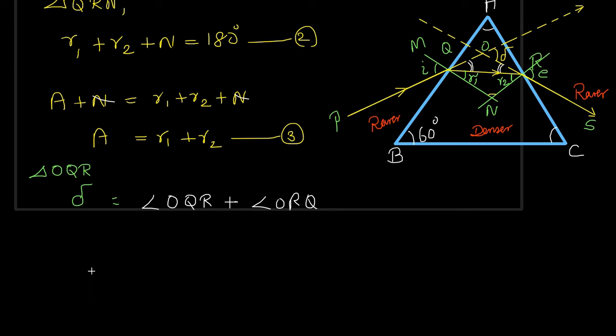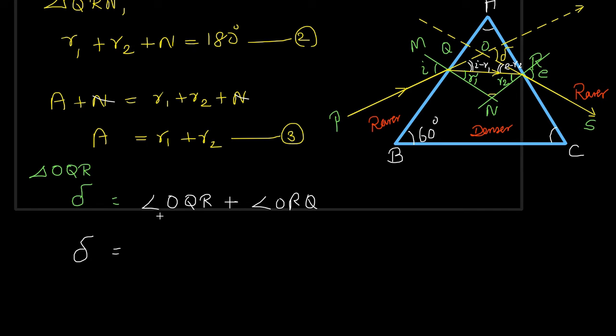Now tell me, what are these angles OQR and ORQ? We know this angle is I, hence the opposite angle must be equal to I. This is R1, so this angle must be I minus R1. Similarly, the other angle should be E minus R2.